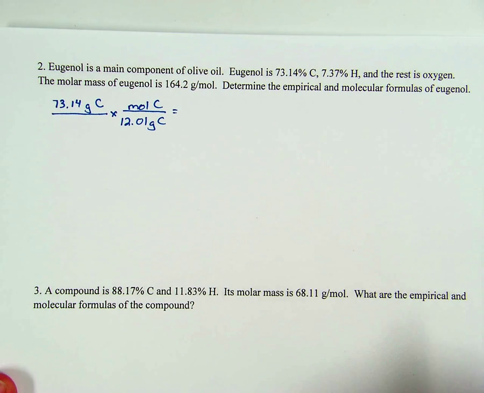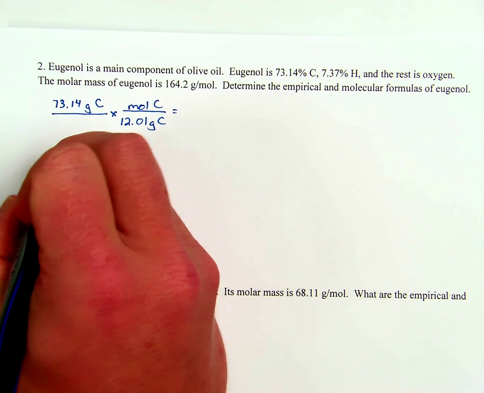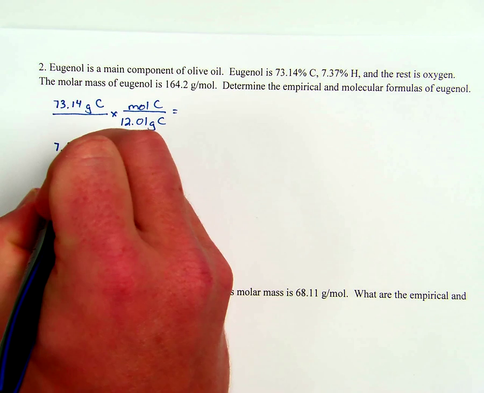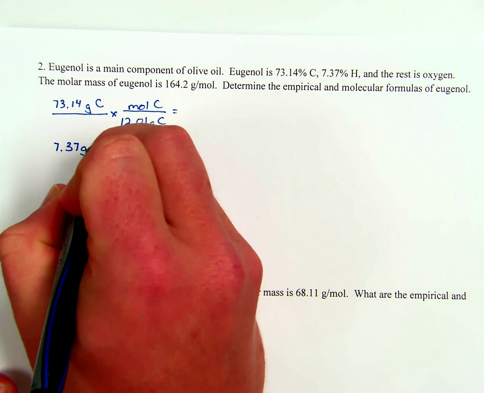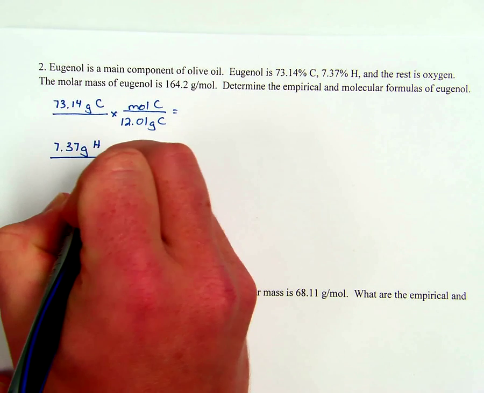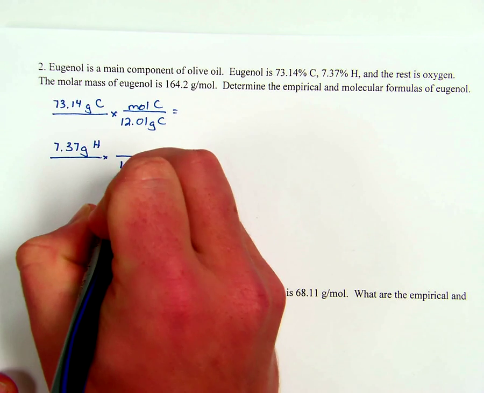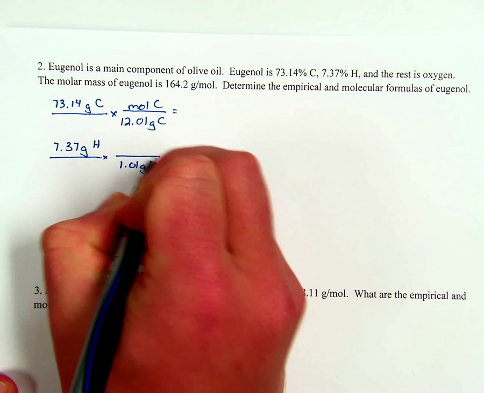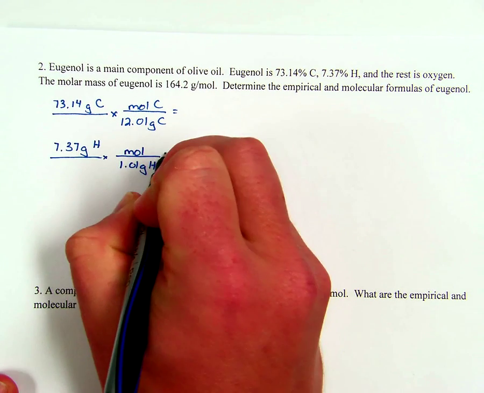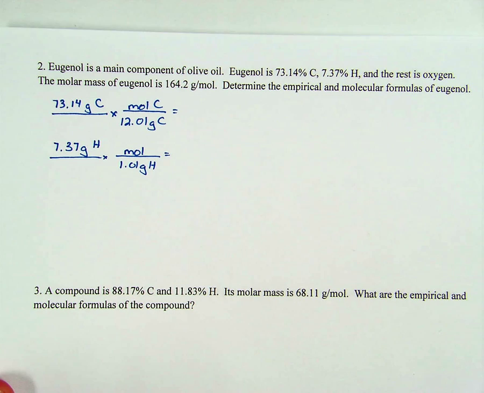For hydrogen, I have 7.37%. So just turn that into a mass, 7.37 grams of hydrogen, and use the molar mass of hydrogen to convert to moles. And then we're told the rest is oxygen. Well, I know they have to add up to 100%.